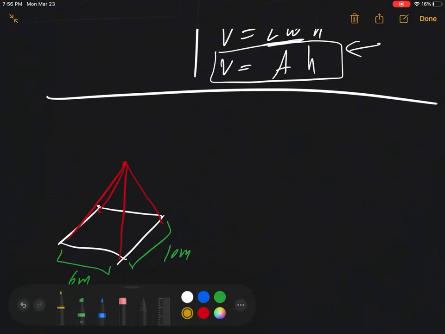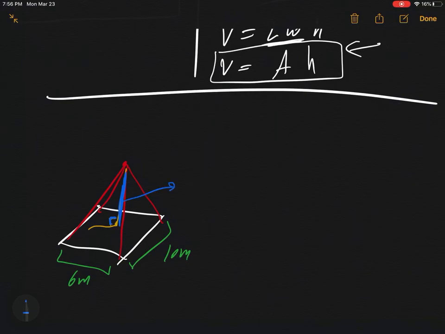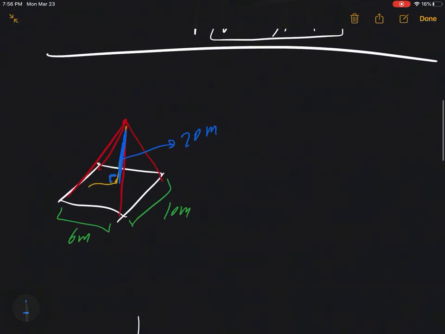The height is the one that is perpendicular to the base, so there must be a 90 degree angle there in order to consider this as the height. Suppose that this height is 20 meters, and we wish to calculate the volume of the pyramid.